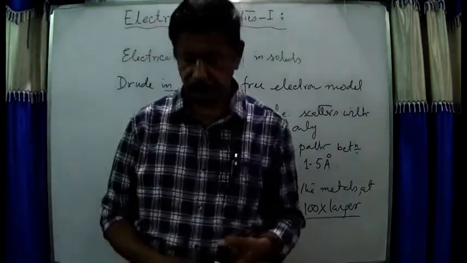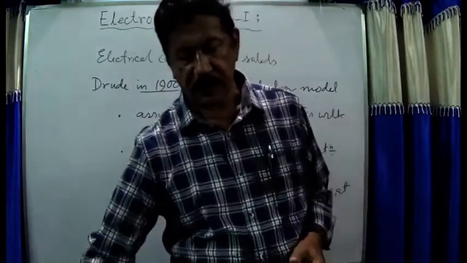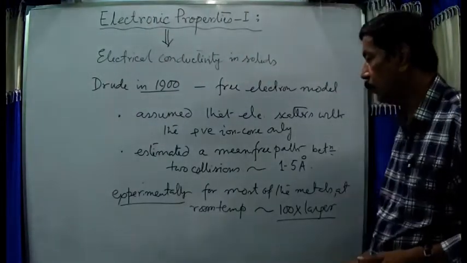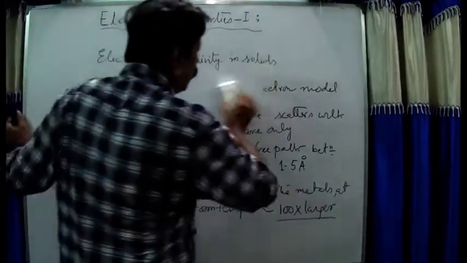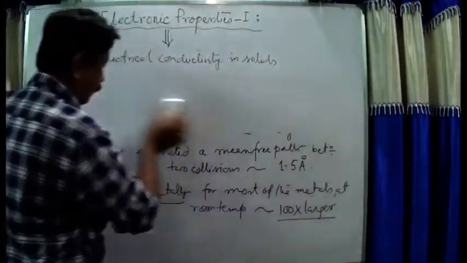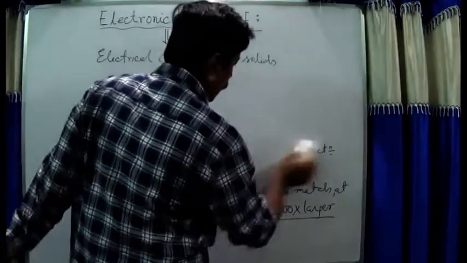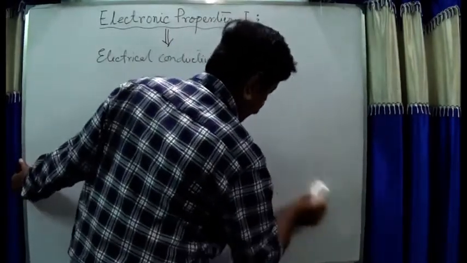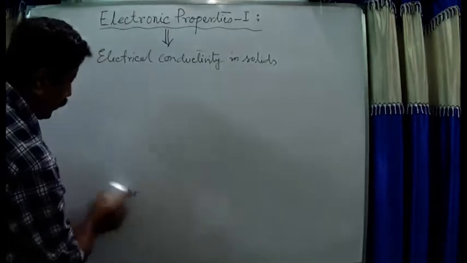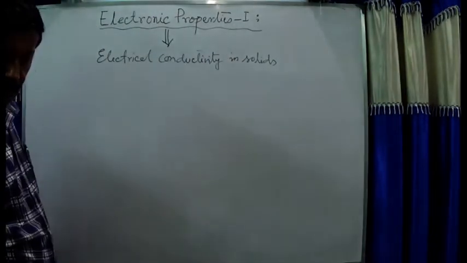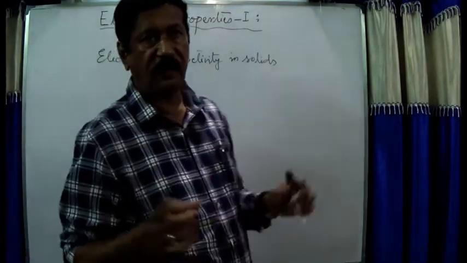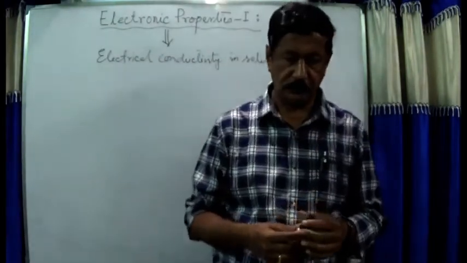Okay. Now, quantum mechanically, this discrepancy was addressed through the perturbation to stationary Bloch wave, and Bloch wave represents the electron.